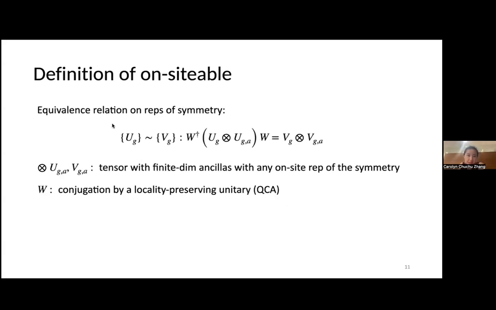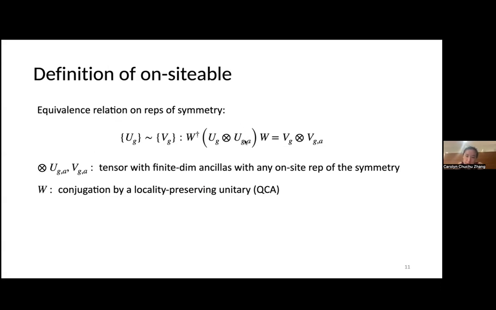So to make things more precise, I'm going to define what we mean by onsiteable. When you are given a lattice model, so a bunch of qubits in some lattice structure, you can have a representation of a symmetry, U_g, and we're going to consider finite unitary symmetry. So this is just a unitary operator acting on your Hilbert space. And we say that two representations of the symmetry are equivalent if you can get between them by tensoring in some trivial ancillas and doing a local unitary transformation.